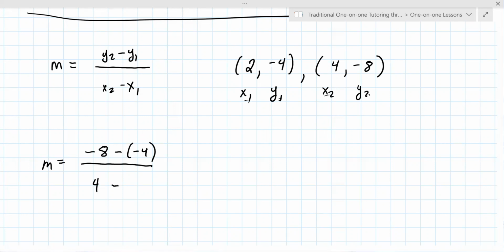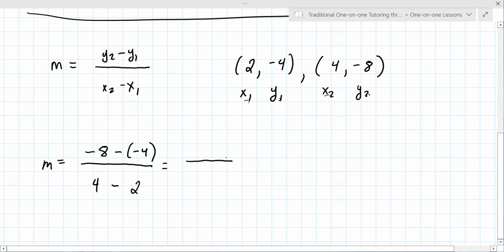And then X2 is 4 minus what's the value of X1? The value of X1 is 2. All right.